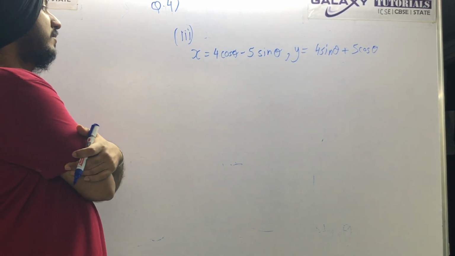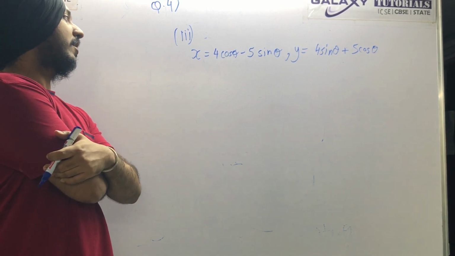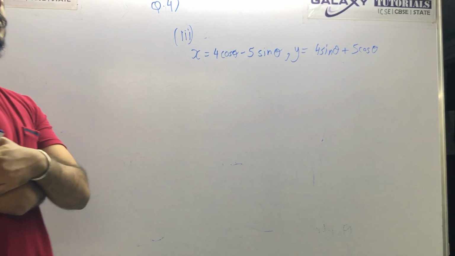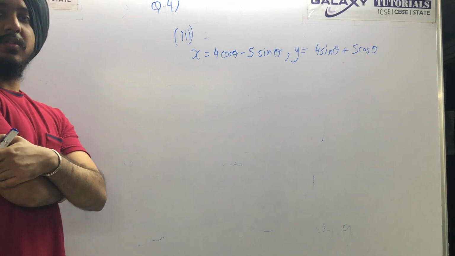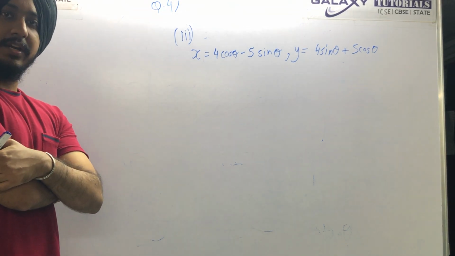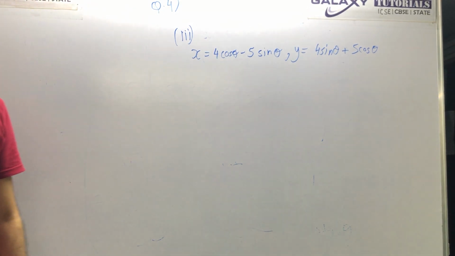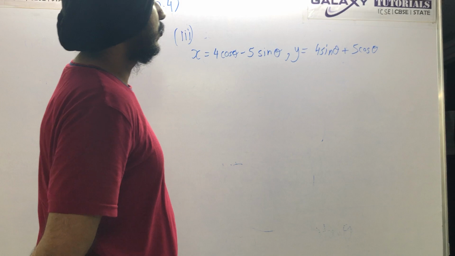In this part you can see sine theta and cos theta. What should come to your mind is that we can simply use sine square theta plus cos square theta is 1. So you have to find out the values of sine theta and cos theta from these two equations. Okay, so let's try and find out those values.